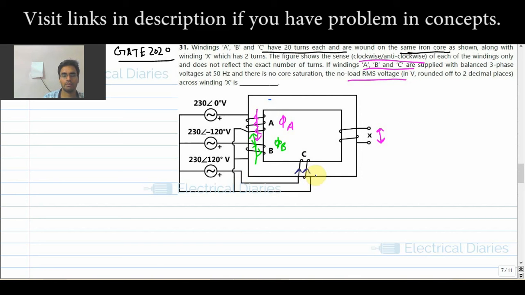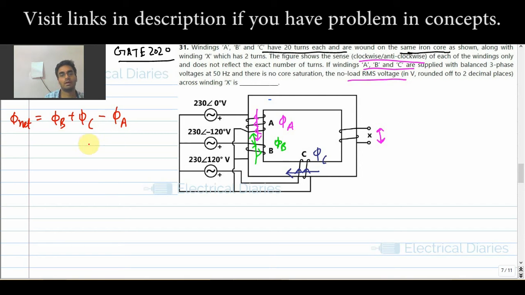Now I curl my fingers, and my phi C is in this direction. So this is your phi C. So your net flux phi net can be written as phi B plus phi C, as these are in the same direction, minus phi A. This is your net flux.